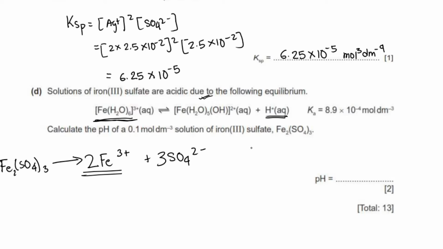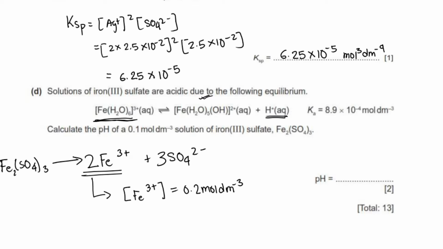So since we know that the concentration of the iron 3 sulfate salt solution is 0.1 mole per dm cube, we know that the concentration of the ion is 0.2 mole per dm cube.